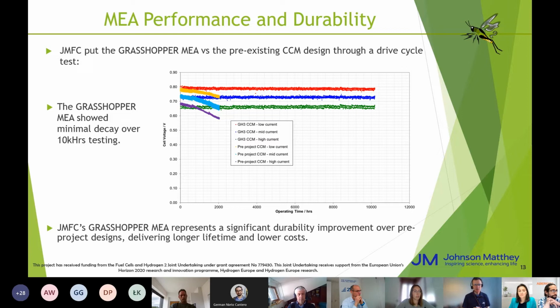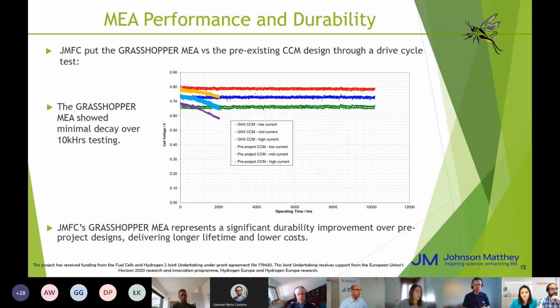And you can see from this that the red, blue, and green traces, which is the performance of the Grasshopper CCM against time, far outperform the durability and the likely lifetime of the gold, light blue, and purple traces for the automotive type CCM that was in existence in around about 2018 when we started this project.